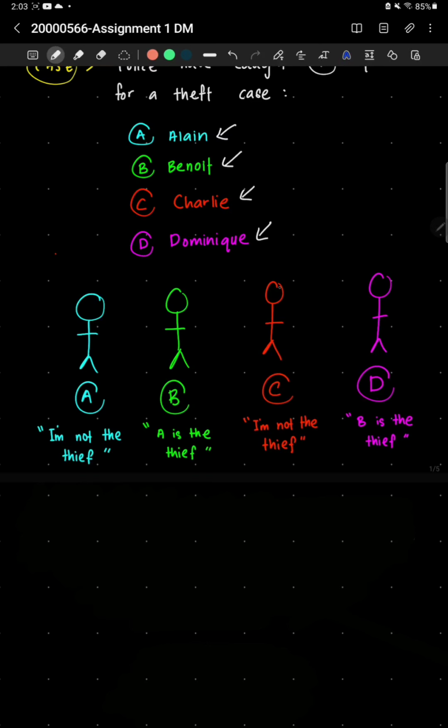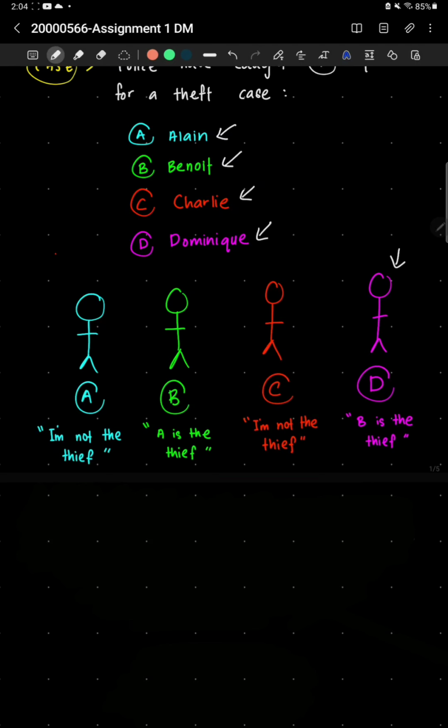Okay, now we see C's statement. C has the same statement as A, which is he said, "I'm not the thief," which means he is accusing A, B, and D as the thief. And now the last one is the statement by D, which is he said B is the thief.